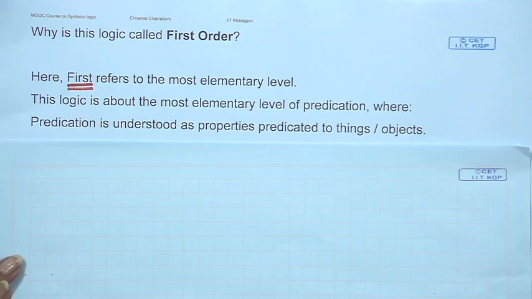Okay, remember, as I said, this pen, or if you want the same red pen, okay, here is the red pen, or the pen with the red cap, fine. Now, this pen is an object to which properties belong. So, we use the language to talk about predication to this thing in this logic.